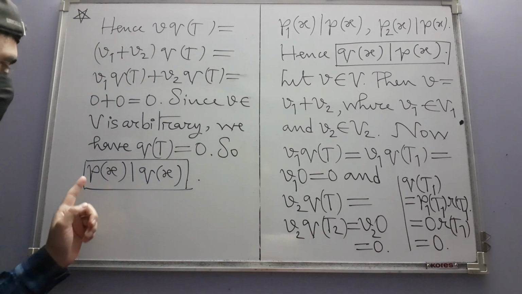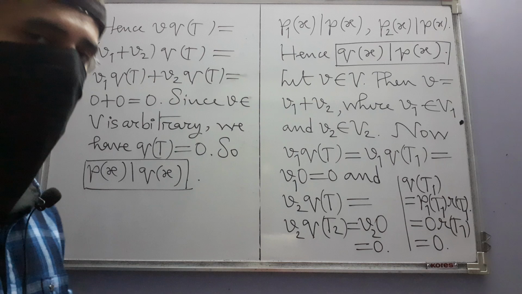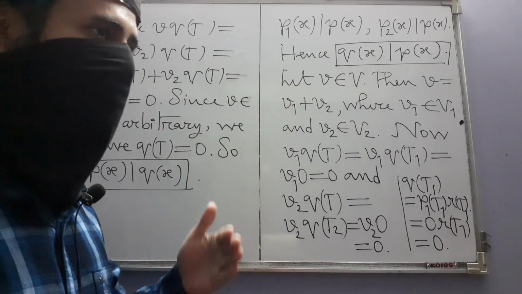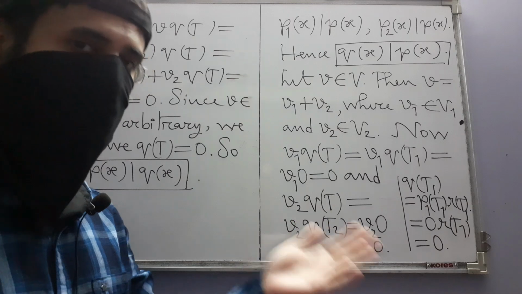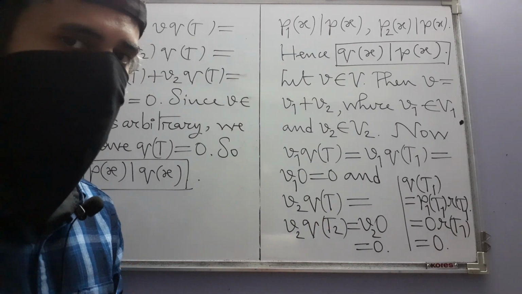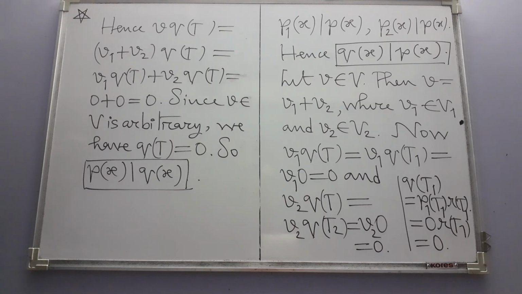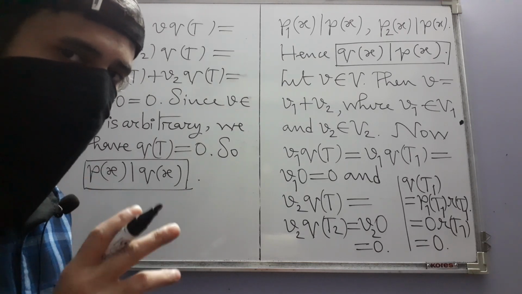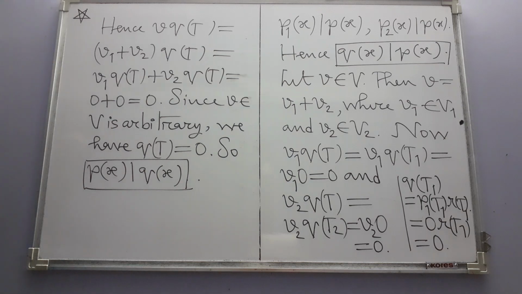It implies that each one is an associate of the other. That is, each one is a unit times the other. Okay, that's what it implies. If you go back to the section on Euclidean rings, there you will see a lemma which says precisely this.